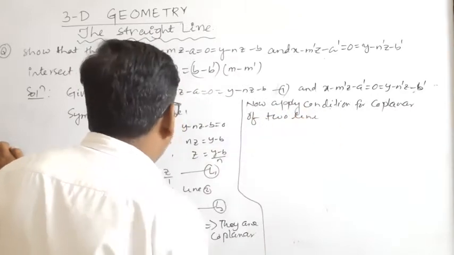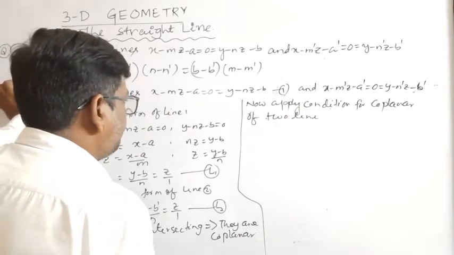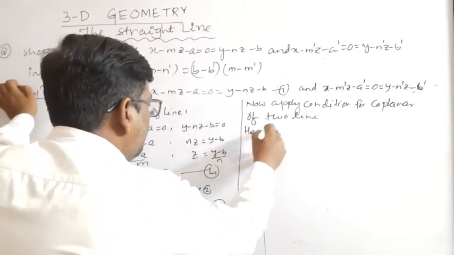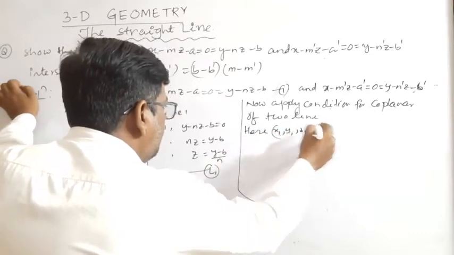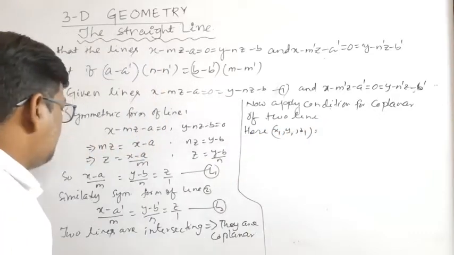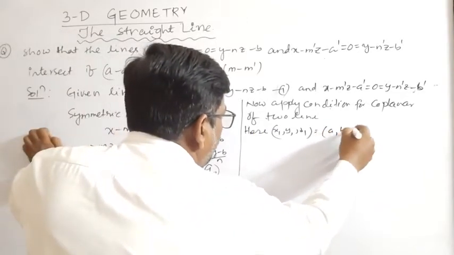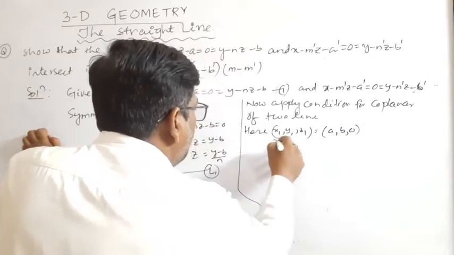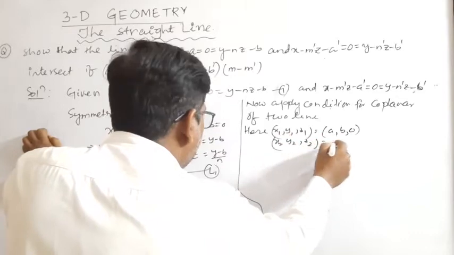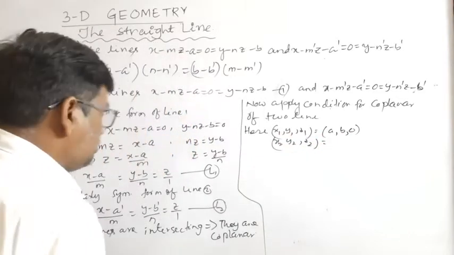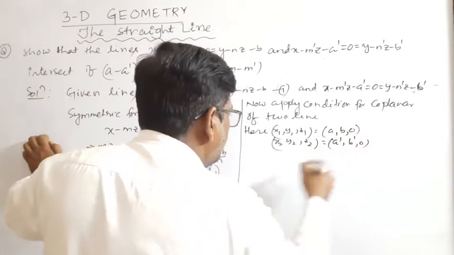So, what is the formula? Here x1, y1, z1 is equal to a, b, 0, x2, y2, z2 is equal to a dash, b dash, 0.